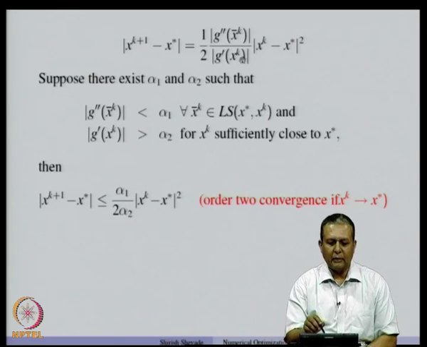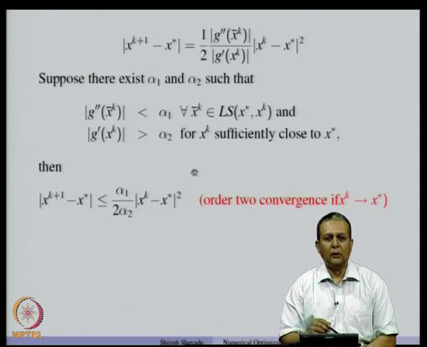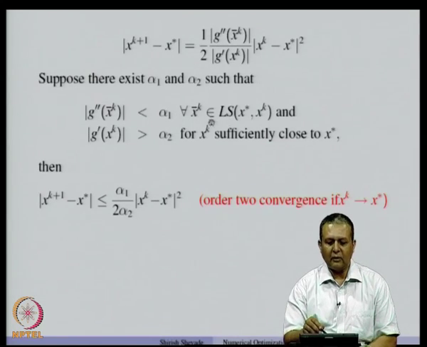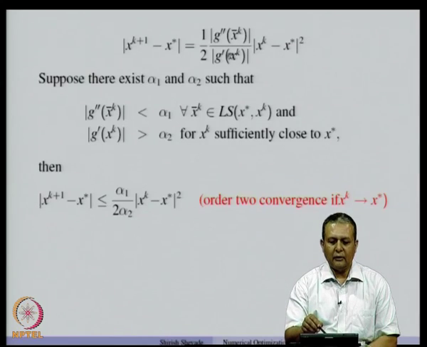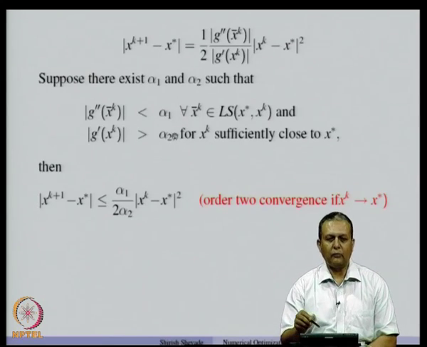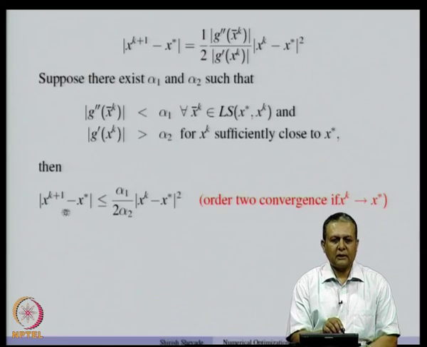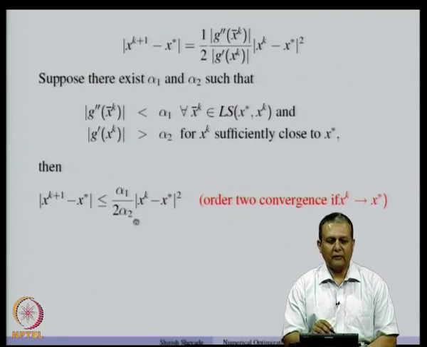And suppose you are able to get some alpha 1 and alpha 2, which both are positive, such that the numerator here is less than alpha 1 for all x bar k, and the denominator here is greater than alpha 2 for all x_k sufficiently close to x star, then we can write that mod of x_{k+1} minus x star is less than or equal to alpha 1 by 2 alpha 2 into (x_k minus x star) squared.